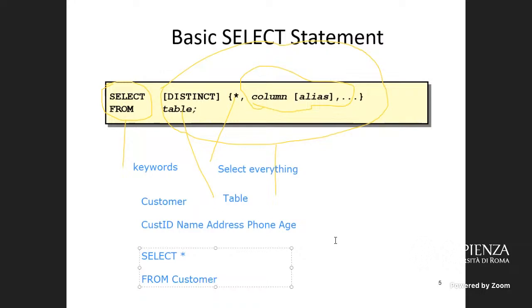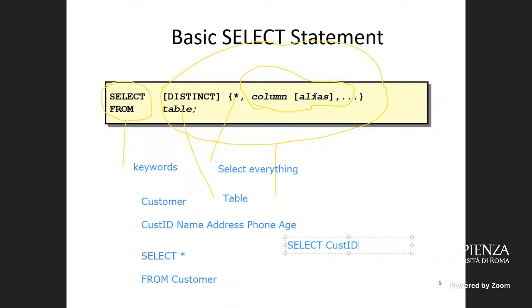At the same time, I can do select, and I can choose what I want to select now. I can choose to select the cost ID. And now the alias comes in here, if I want to. We are moving further, but I'm just trying to explain all of this at the same time so that when we get there, you understand it better.